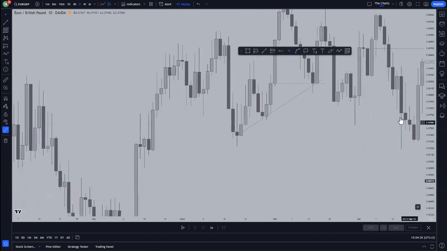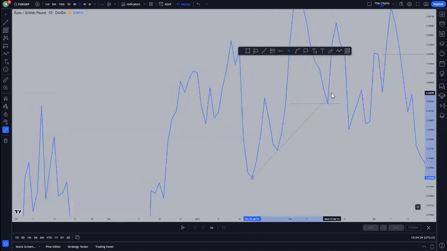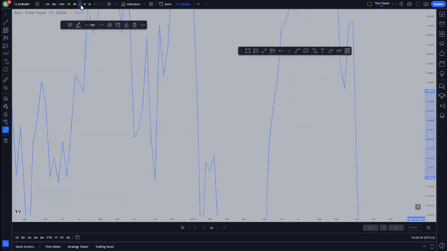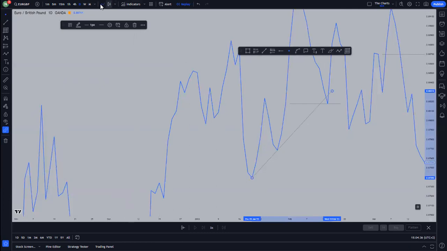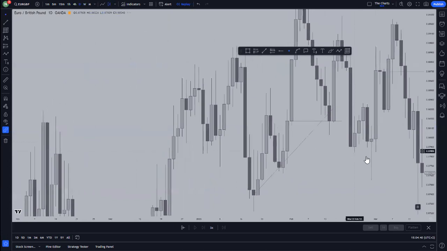Let me show you. It was right here. The market taps the trend line, then you see the SNR level close in proximity, then you see the market buying from them.